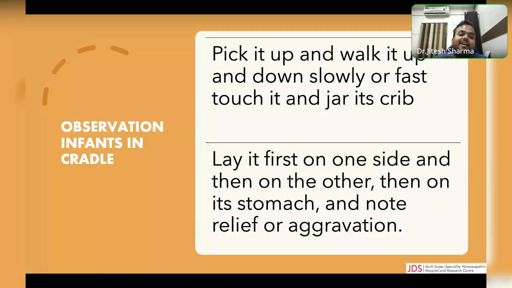Next, in the cradle, suppose you pick up the baby and walk slowly or fast. You have to see how it responds, in slow motion or fast motion. Usually we take the baby on the shoulder and have the habit to pat. Whether the baby likes to be patted or doesn't like it has to be observed in case taking.